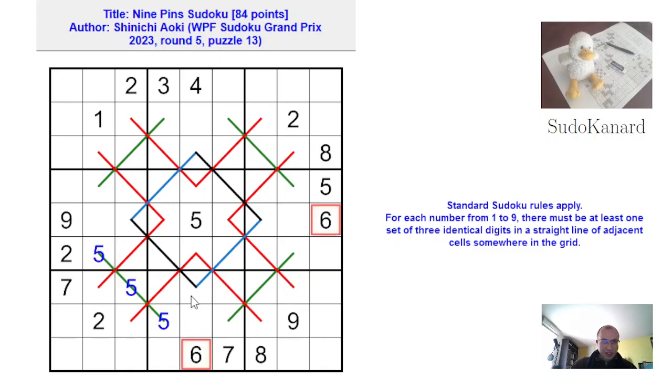Now those 6s look very constrained because they see all the red pins and the blues and the blacks. So 6 must be on some green pin, and it won't be this one, and it won't be this one. So the 6 is on this pin.